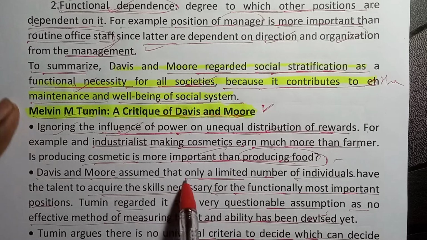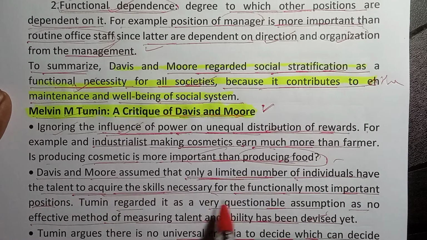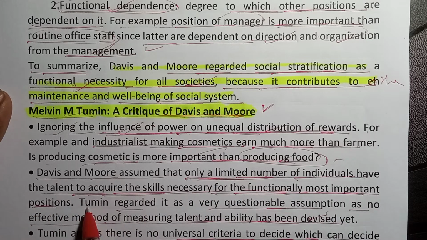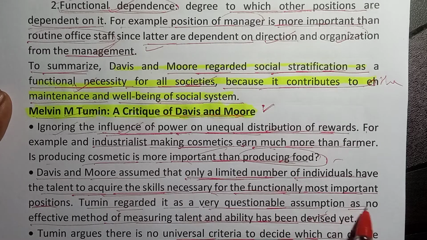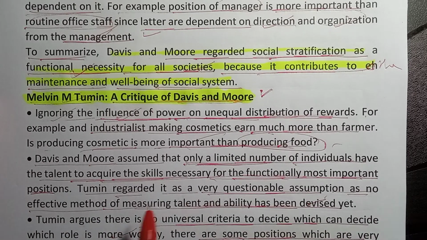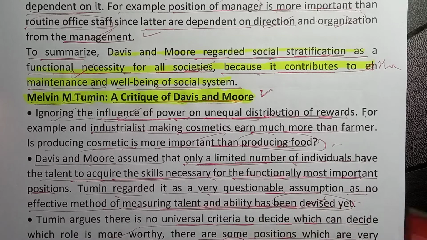Davis and Murray assumed that only a limited number of individuals have the talent to acquire the skills necessary for the functionally most important positions. Tumin regarded it as a very questionable assumption, as no effective method of measuring talent and ability has been devised yet.